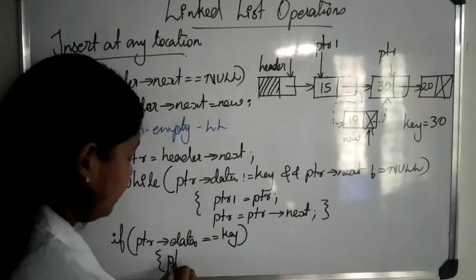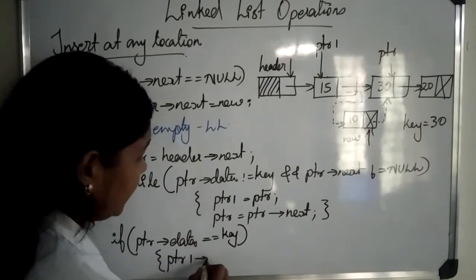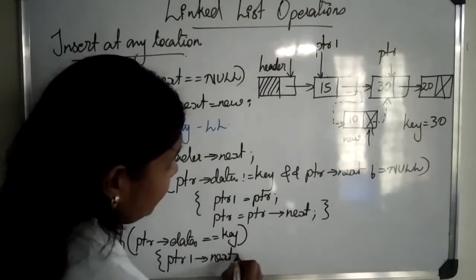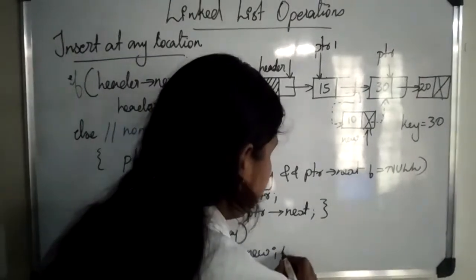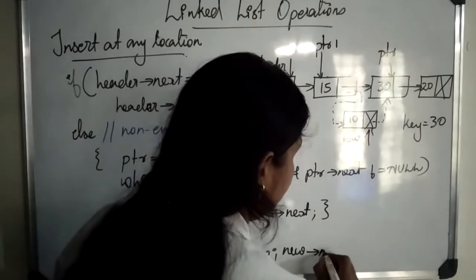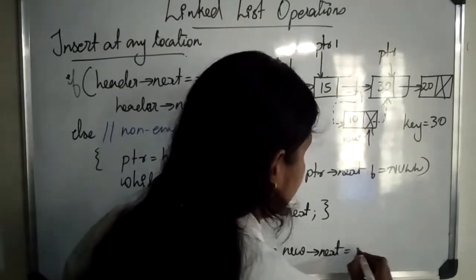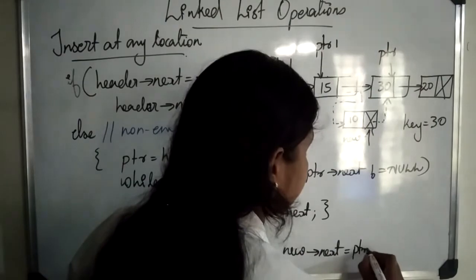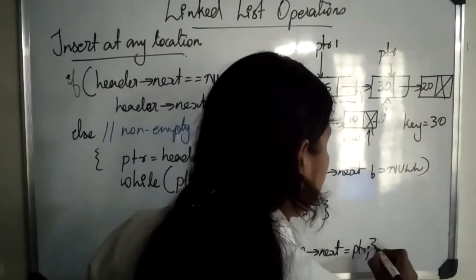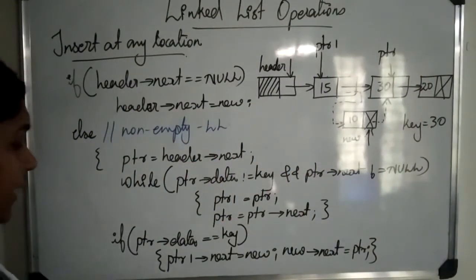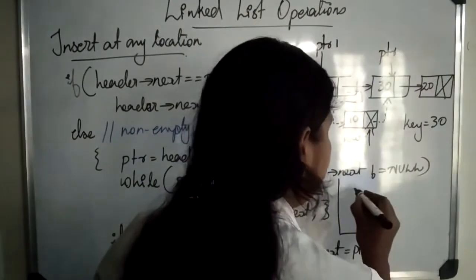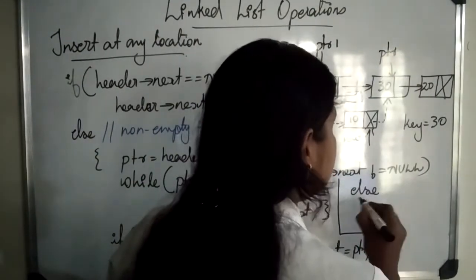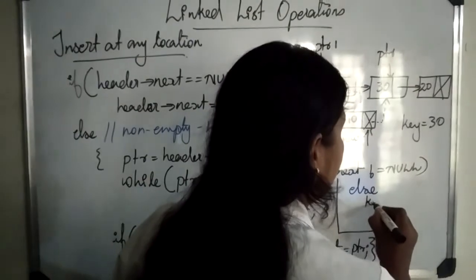So if PTR.data is equal to key, then only you perform this operation. That is PTR1.next is equal to new. The next step I'm writing here itself, that is new.next is equal to PTR. So I'm closing this if. And the else part of this if, what is the else part? I'm writing it here. So don't get confused. Else, key not found.